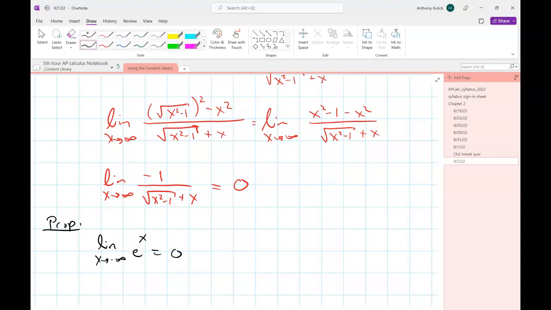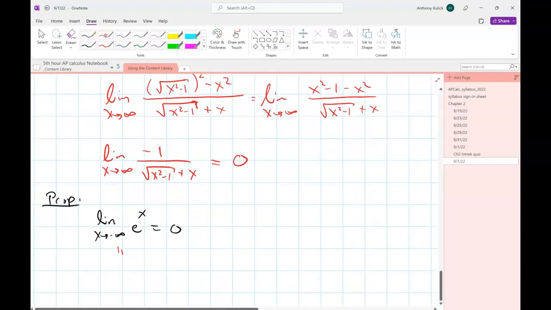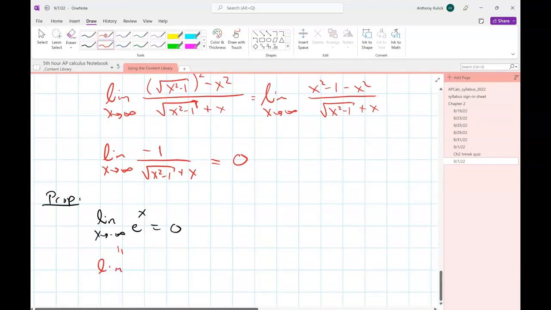So this is just a proposition. The limit as x approaches negative infinity of e to the x is equal to 0, which hopefully should make sense, right? Since this should be the same as the limit as x approaches infinity of 1 over e to the x.